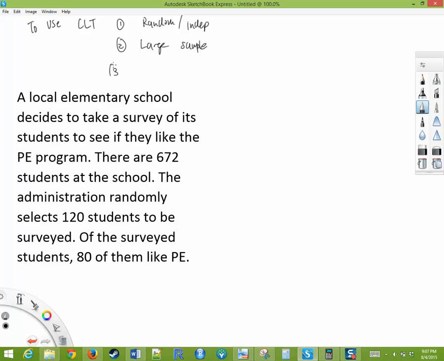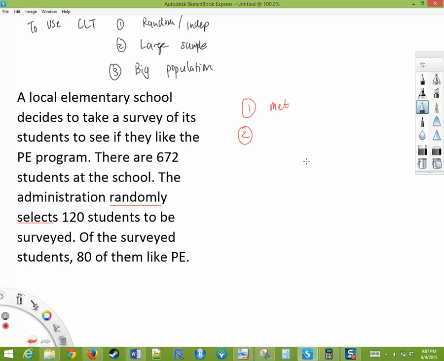And you must have a big population. Is anything violated here? All right, let's go through them one by one. Are my students selected randomly? Yes, it says randomly selected. So this is met.